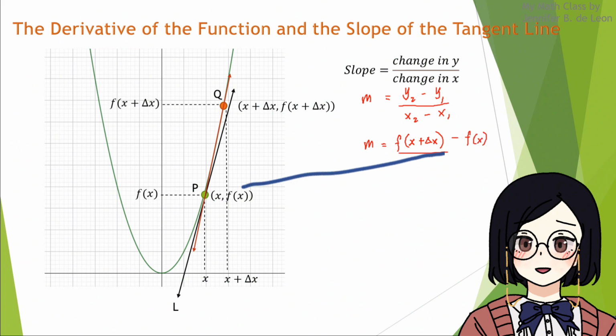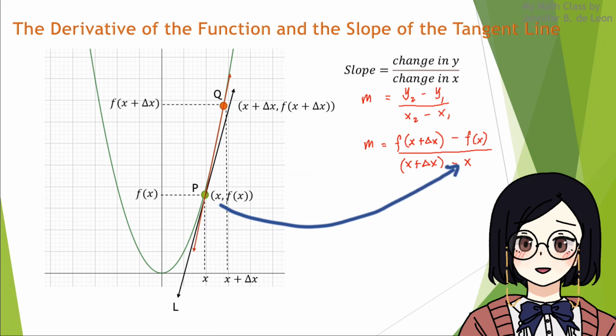Then our y sub 1 is f of x, over the x sub 2, which is x plus delta x, and then our x sub 1, which is x. Simplifying this, we will have f of x plus delta x minus f of x all over delta x, since we can cancel these two x's here.